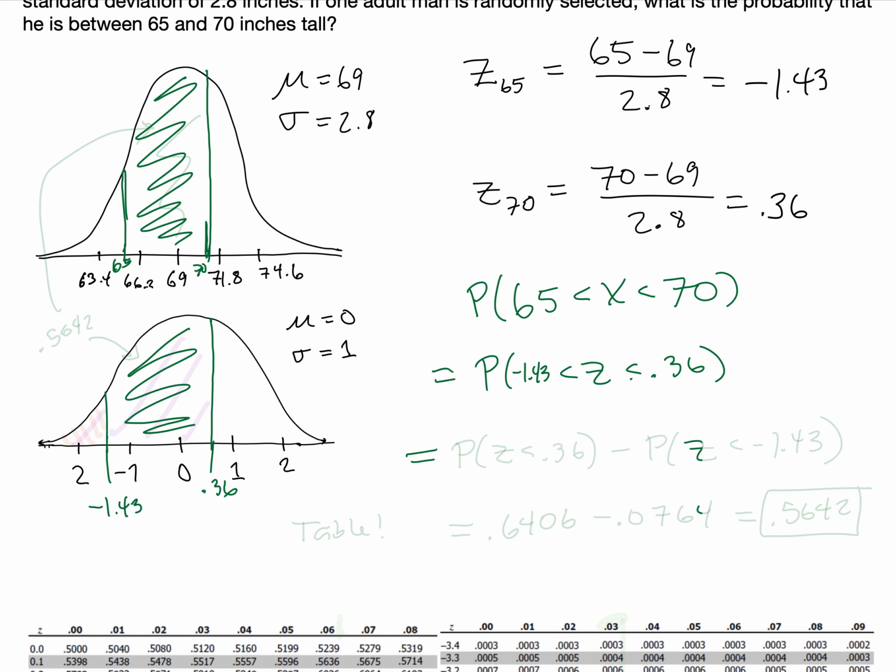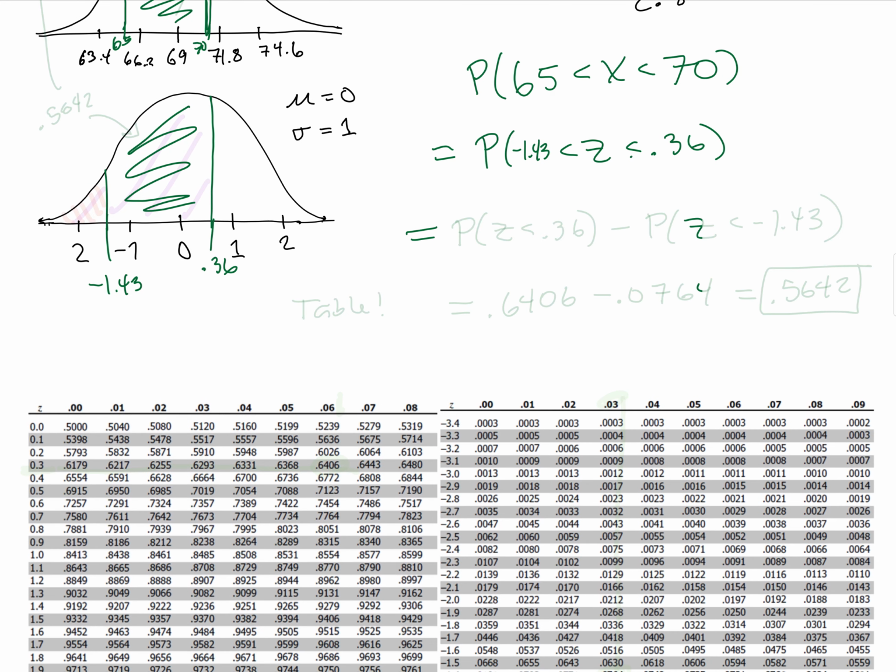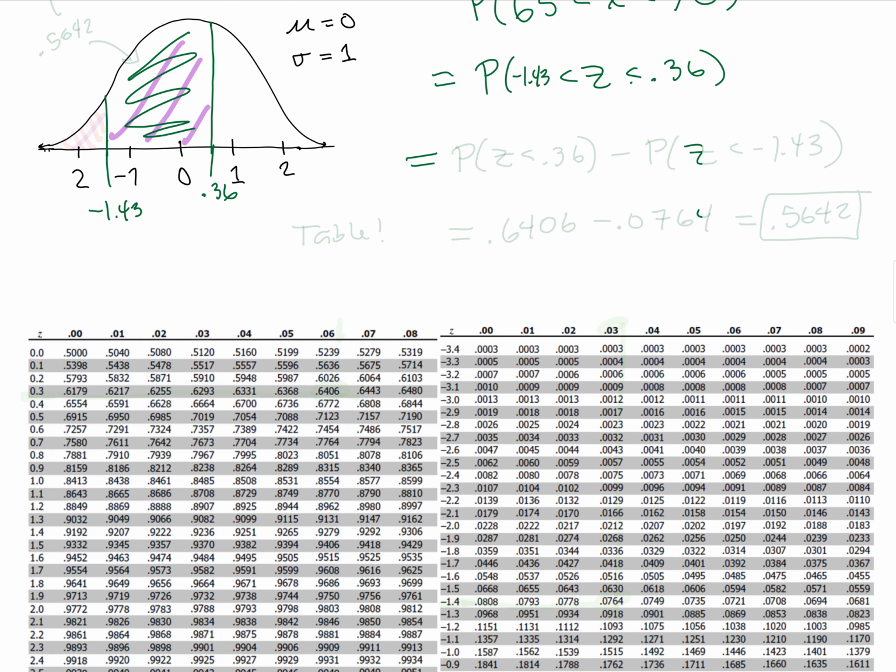We find the probability that z is smaller than the large value and subtract away the probability that z is smaller than the smaller value. So we just get the part in the middle that we're interested in. And so this is the probability that z is less than 0.36 minus the probability that z is less than negative 1.43. So now we just need to find each of those using the table.